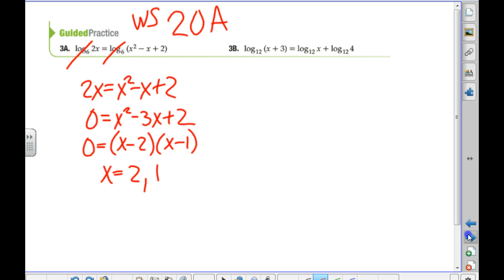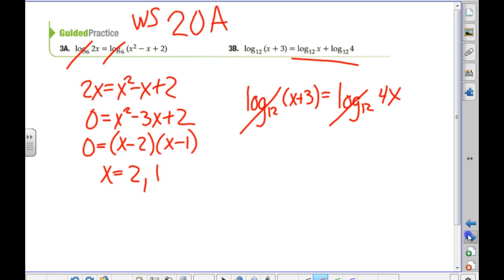What about this one? We gotta combine those into one log that says what? Then we can get rid of these. Oh, I got 1, 2. All right. Just because it's an idea for tomorrow's quiz, does that check?